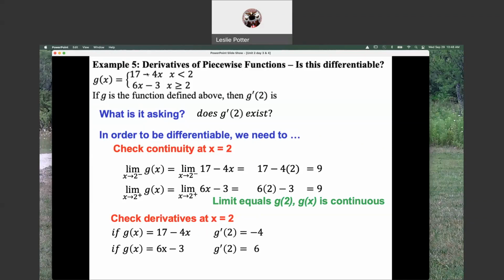What sort of arrangement do I have in terms of non-differentiability? I have a corner. I got 2 lines coming together. So that means the derivative doesn't exist, and it's a point of non-differentiability.